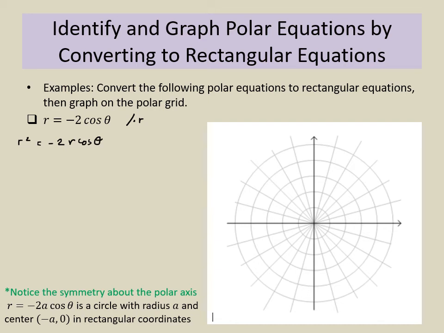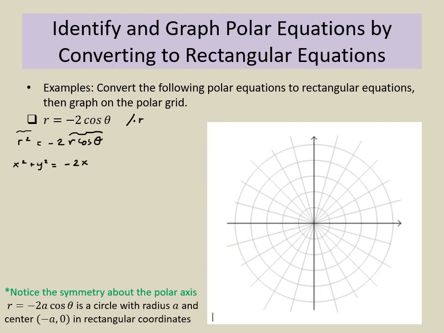Now let's convert. Just like last time, we know that r squared, we can replace that with x squared plus y squared. And now r cosine of theta can be replaced with x. x squared plus y squared equals -2x.